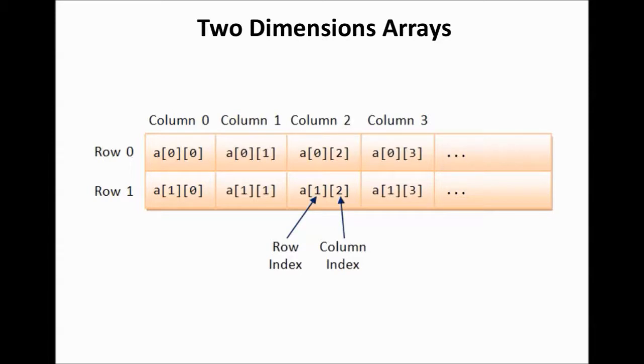For example, if we want to access the third element of the second row, we write it as A[1][2]. Here 1 indicates the second row and 2 indicates the third column.